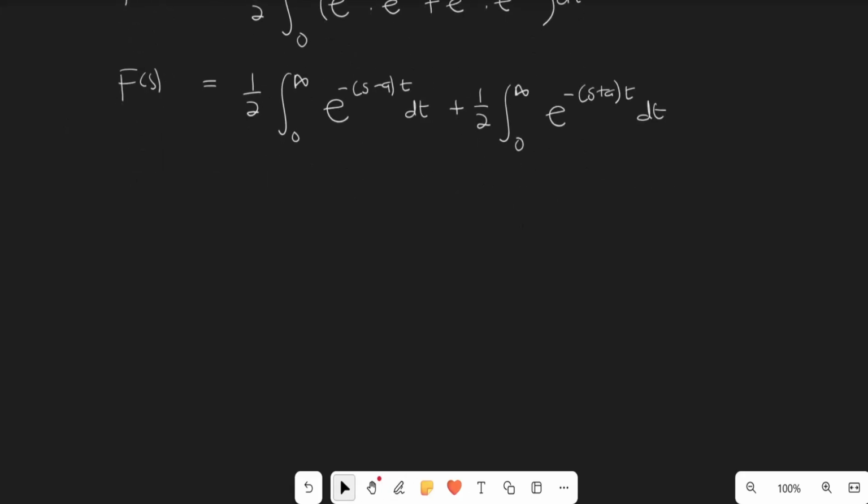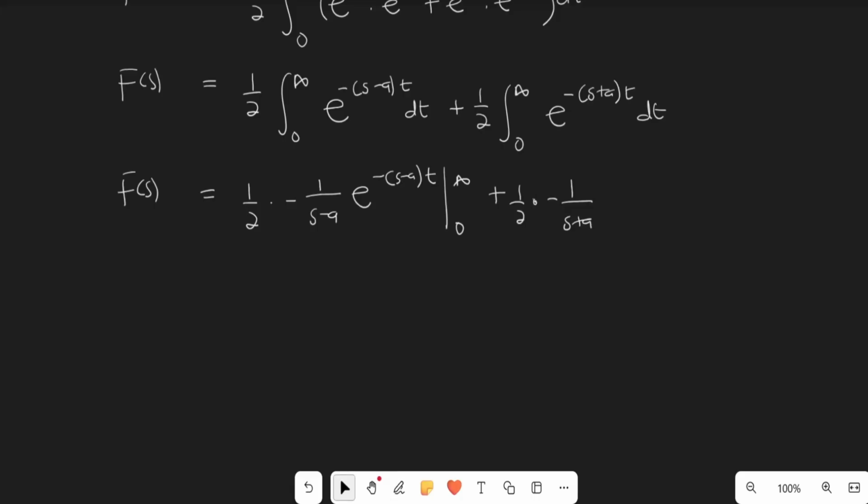Cool. Now the same thing. So we are going to have 1/2. Now integrating is going to be negative 1 all over s minus a. So we just differentiate this one with respect to t, and then we divide, and then we repeat this because this is indestructible. The limits of integration from 0 to infinity, this is plus 1/2, and then this is negative 1 all over s plus a.